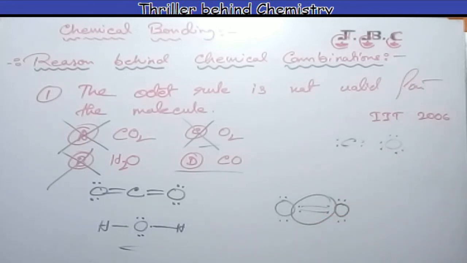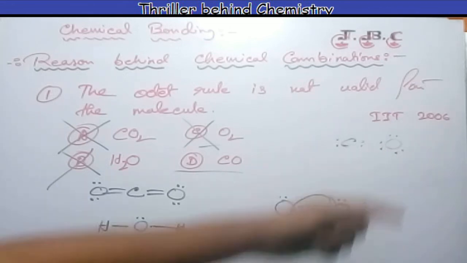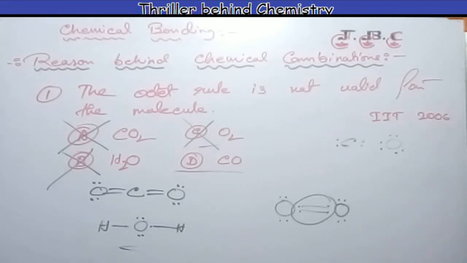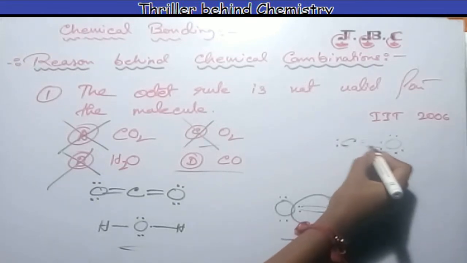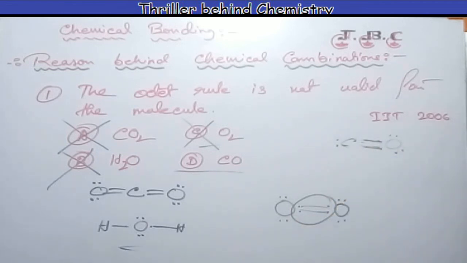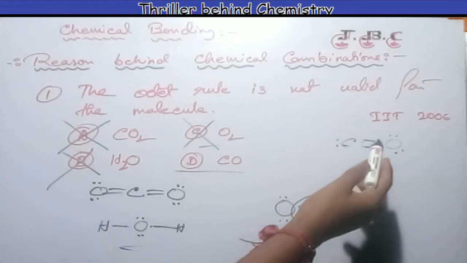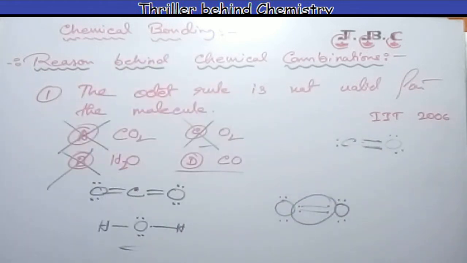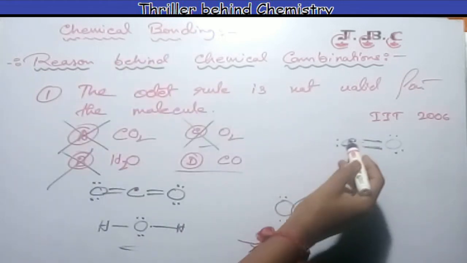So to attain electronic stability, oxygen has to be bonded as a double bond, that is 1, 2. And then naturally oxygen attains the stable electronic configuration, but carbon cannot.